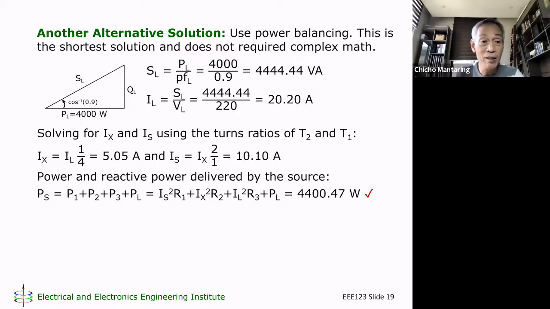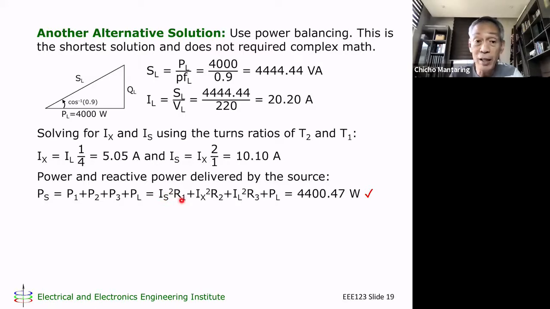And then take a look at this. What is the power and reactive power delivered by the source? The power delivered by the source is just the power absorbed by feeder line 1 plus the power absorbed by feeder line 2 plus the power absorbed by feeder line 3 plus the power delivered to the load. So what is that? That is Is squared times R1.